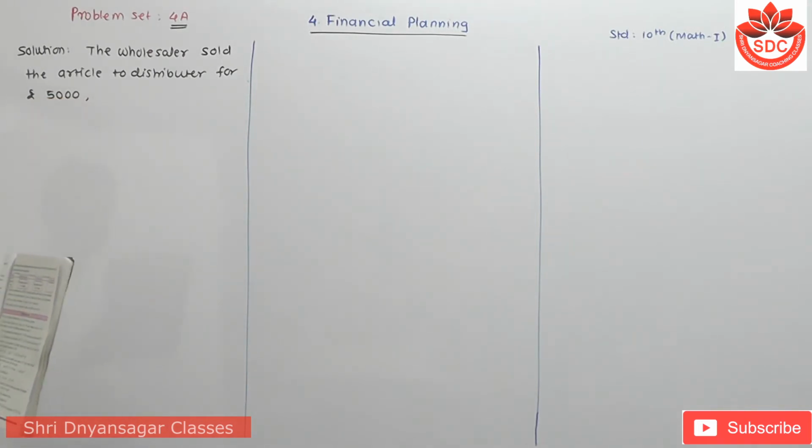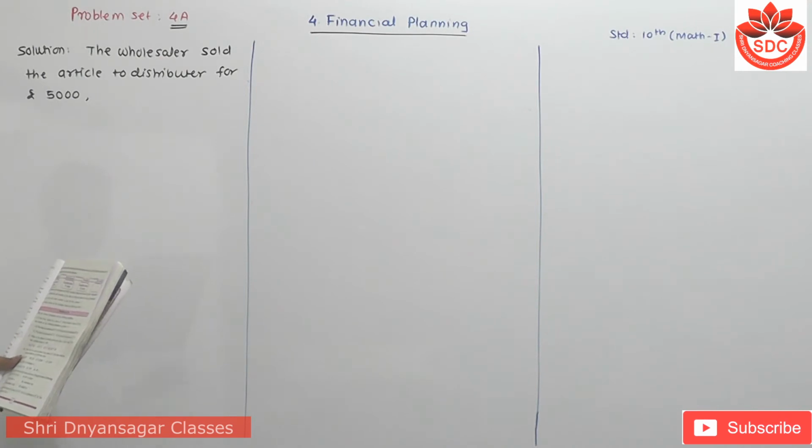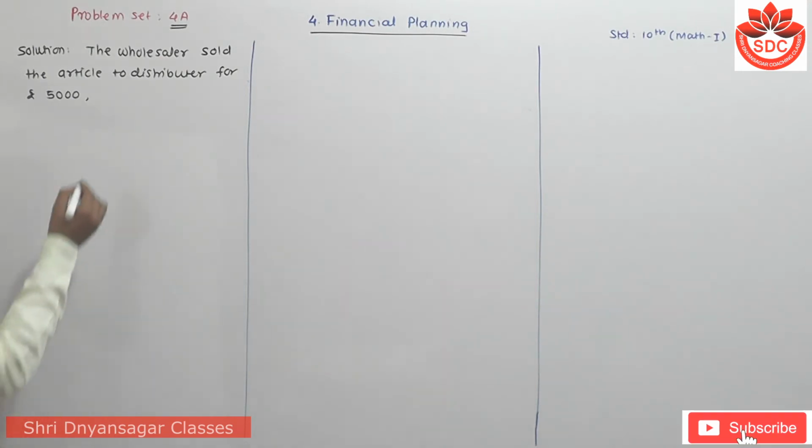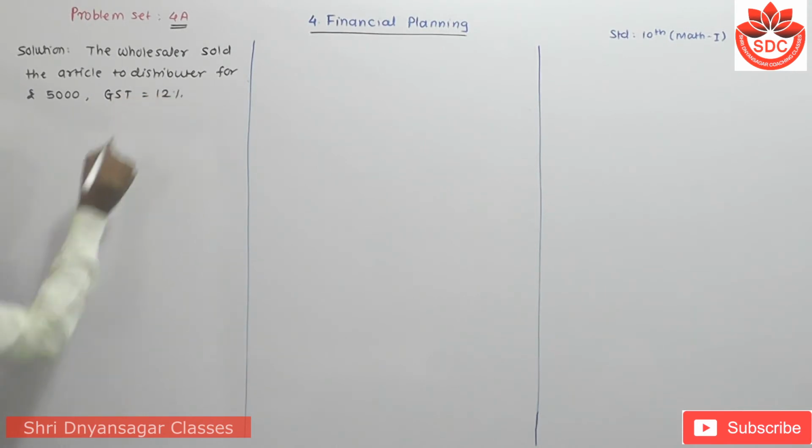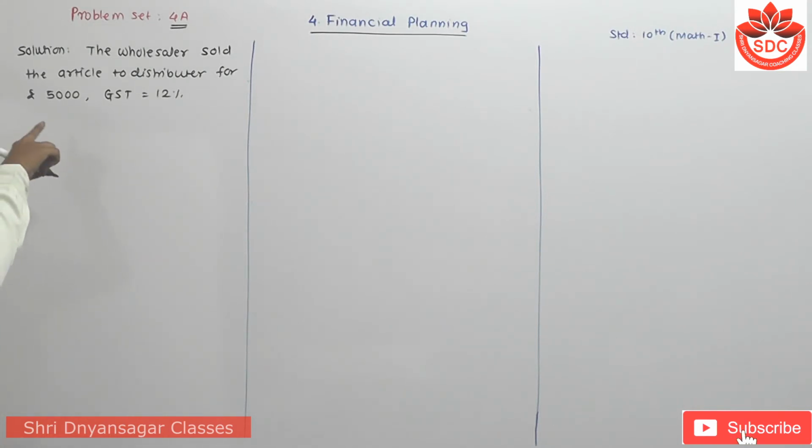At that time the GST is how much? Total GST paid is 12%, and the GST rate is 12%. Okay, then the taxable value is 5,000 rupees and GST is 12%.